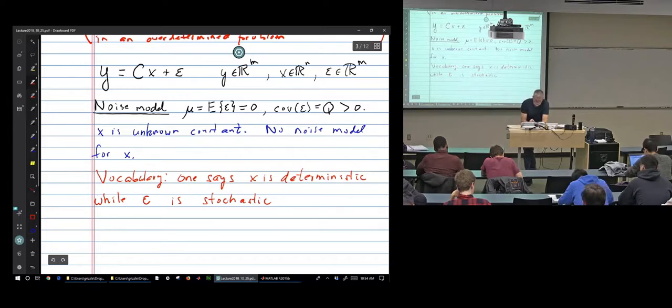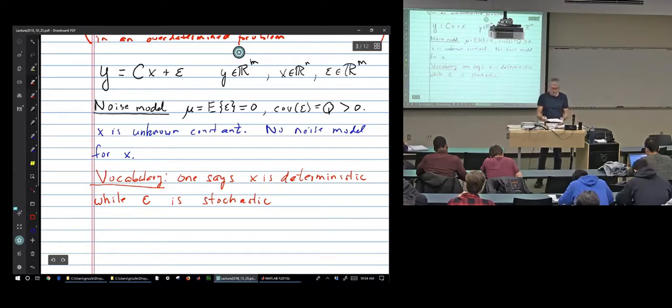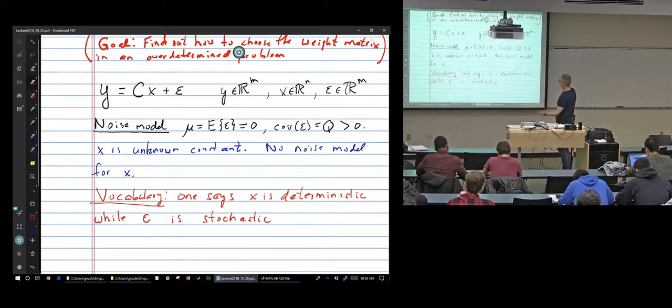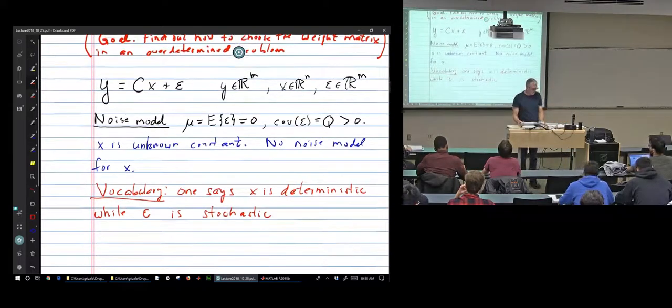So it's just vocabulary, but if you hear it, it's good to know it. So X is unknown. We want to find X based upon Y. What's the best value for X? So this is just the problem.